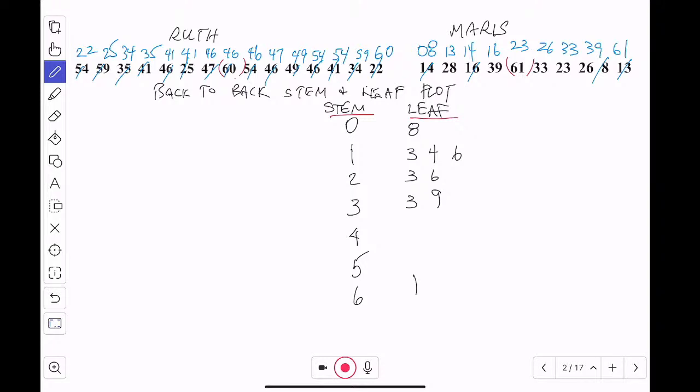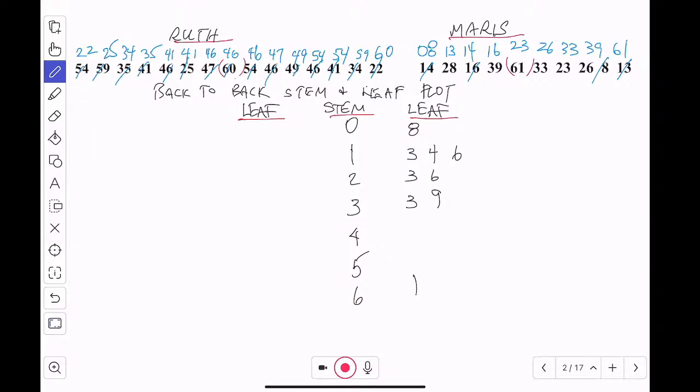And that's it. Now the stem shall be shared with Ruth on this side. So Ruth's leaf, you know, a leaf is like a plant, right? The plant leaf. The stem that holds it and the leaf.